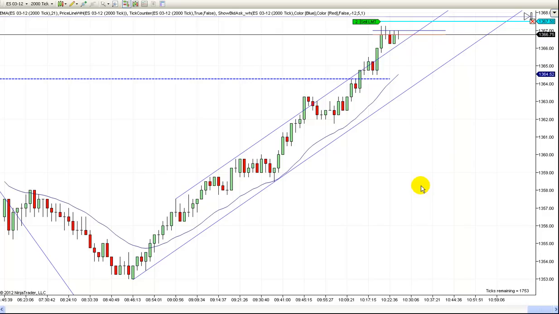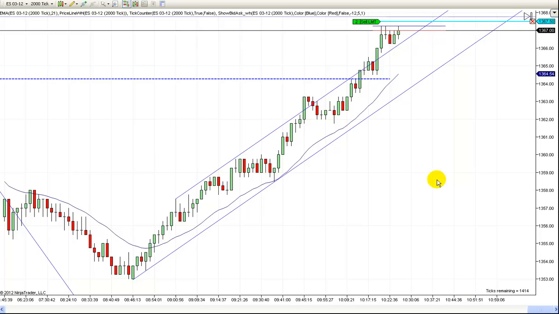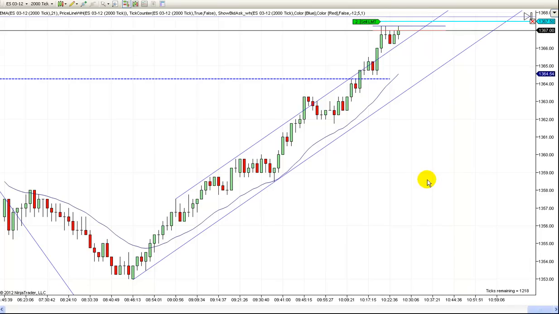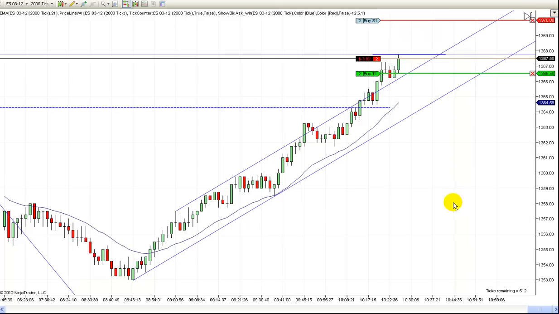The only reason I'm taking this trade is because, for those that aren't familiar, that may be new to the group, we've been working on an algorithm that tells us where we can expect reversals to happen, and we've had a lot of really good success with it. And today our algorithm is telling us 1367.75, and there we go. We're filled.